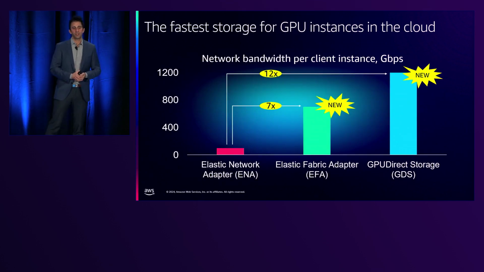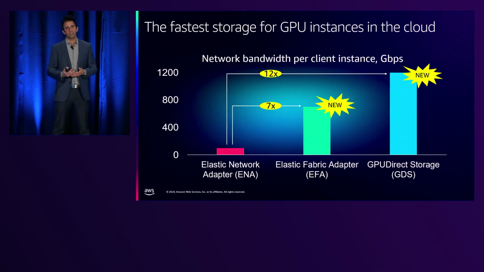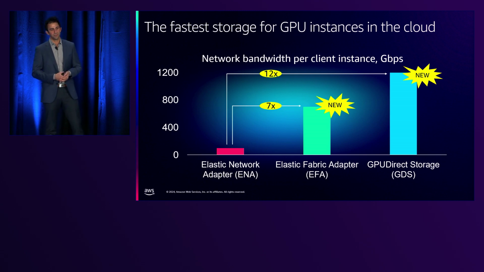This week, we actually launched a new capability to improve the performance that we can drive between our file systems and a single GPU instance with the support for Elastic Fabric Adapter and GPU Direct Storage. So we now have the fastest storage in the cloud for GPU instances.